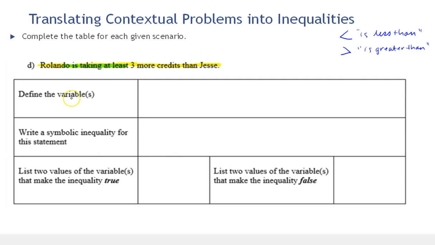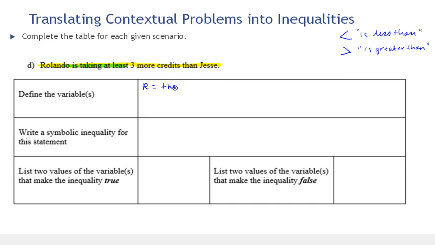So define our variables. So we're comparing the amount of credits that Rolando is taking and the amount of credits that Jesse is taking. So again, I'm going to use the initials of their names since they're both going to be the number of credit hours, but for different people.